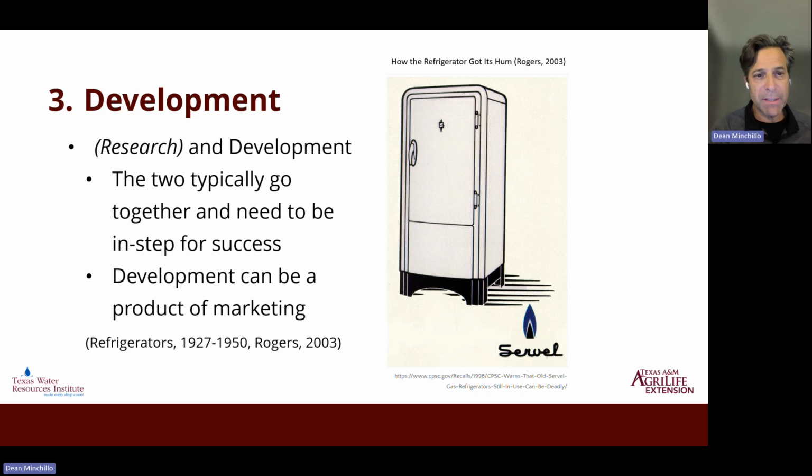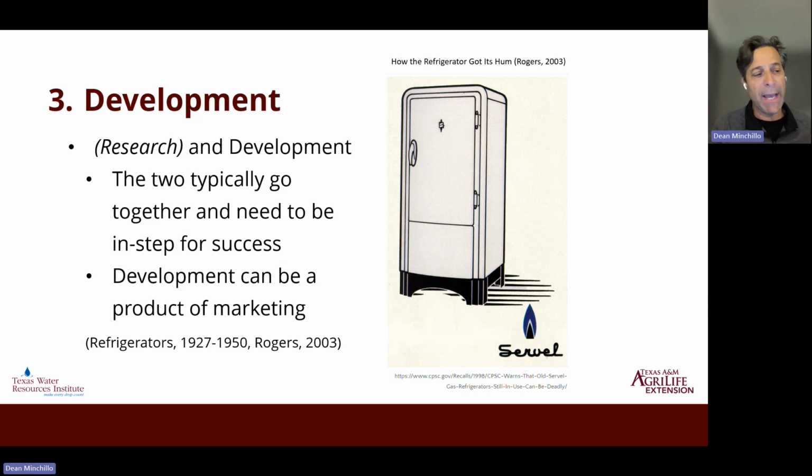For the development piece, I really enjoyed how the refrigerator got its hum story that was highlighted in Rogers' book. This was really interesting to me because it was a great example of how the inferior product actually became the favorite, the gold standard, the product that was diffused and adopted by society, not the better product, which was the gas refrigerator over the electric refrigerator.